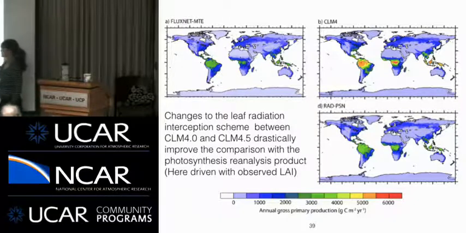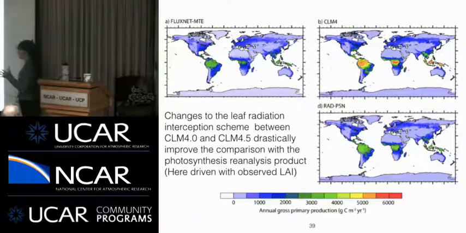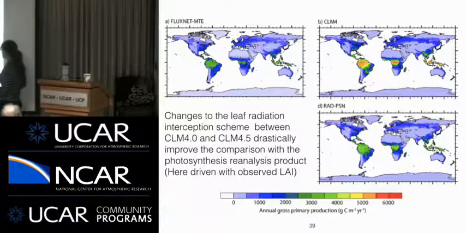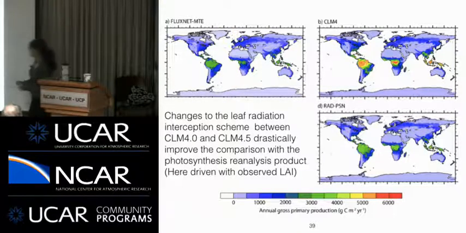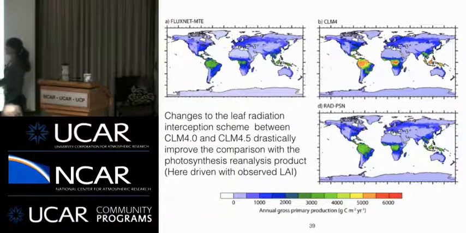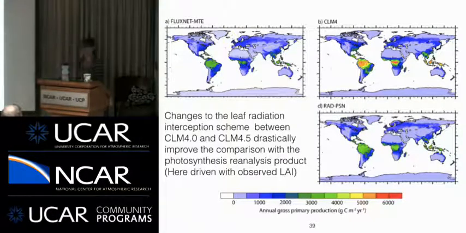A couple of alterations were made to the radiation deception scheme and how photosynthesis was parameterized, and those things made CLM 4.5, which is these fluxes here, much closer to the observations than before. So we've already used this product to help constrain our model.